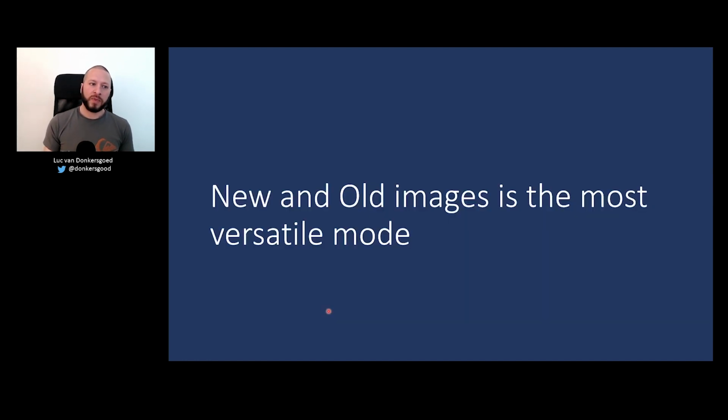Now it should be clear that new and old image is the most versatile mode, and it offers you all the data that you need in any kind of situation. Personally, I always configure my DynamoDB streams to use new and old images, but there are some use cases where you might want to use keys only instead, or maybe new image.